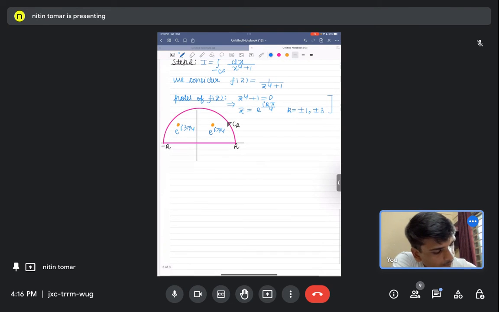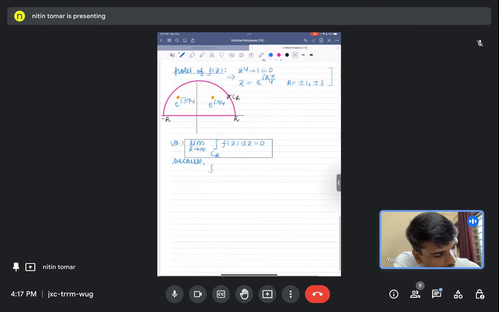Now you see, I am writing something and you tell me whether I can write this or not. Can I write this? Yes, sir. Why? Because we have proved this in the first step, right? If something follows, then this limit is 0.